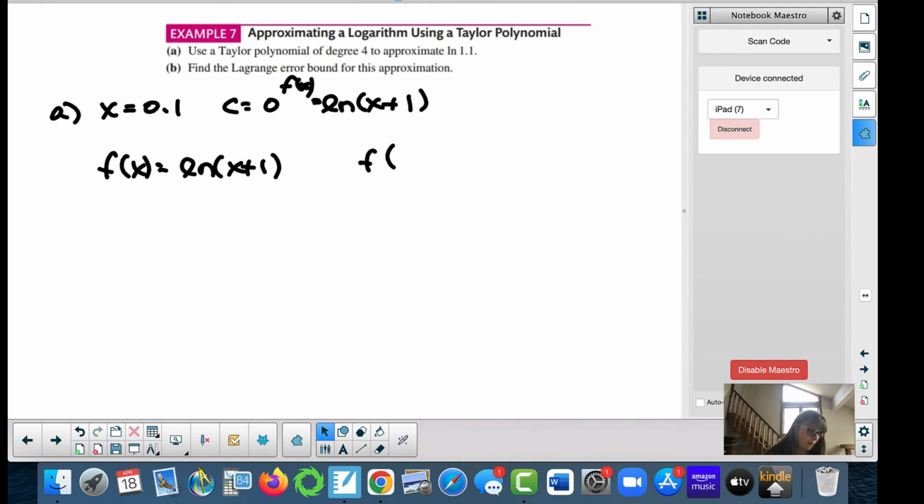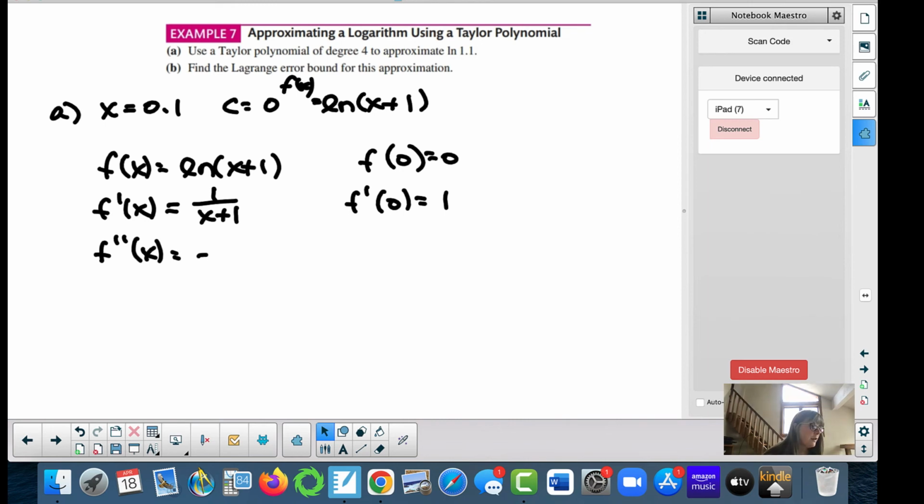So then evaluating that at 0, at c, gives us 0 for the function. The derivative of this is 1 over x plus 1. Evaluating that at 0 gives us 1. The second derivative is going to be negative 1 over x plus 1 squared.